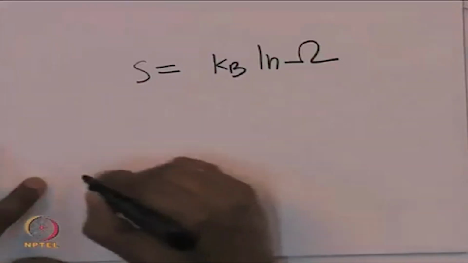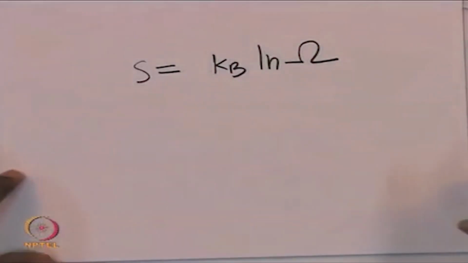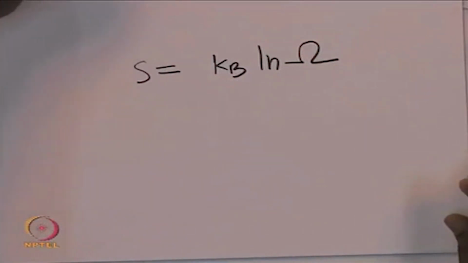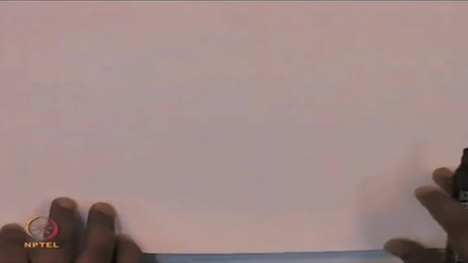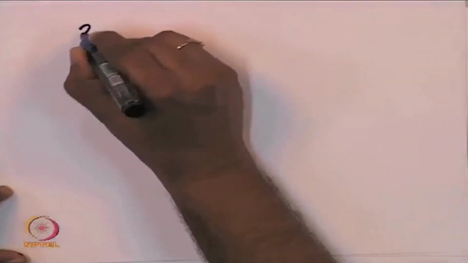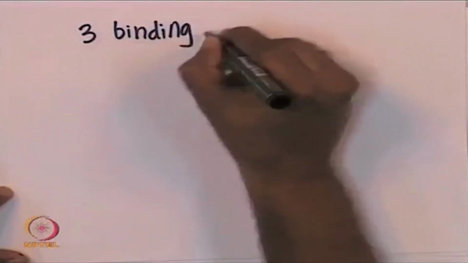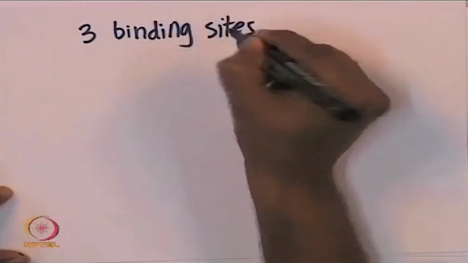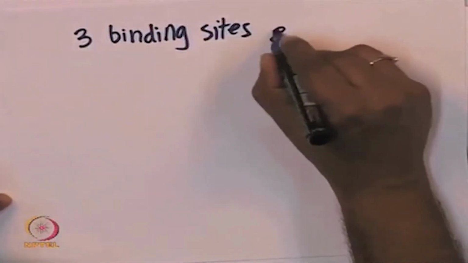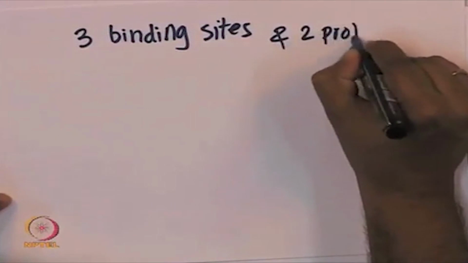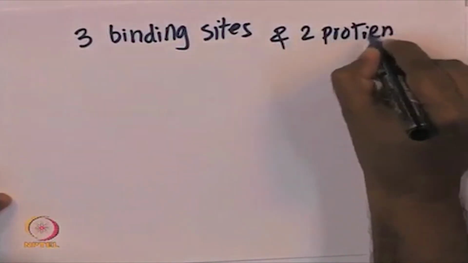So, we have DNA here. Let us think about this in a very simple manner. Let us say there are 3 binding sites and 2 proteins. How many of them will bind?